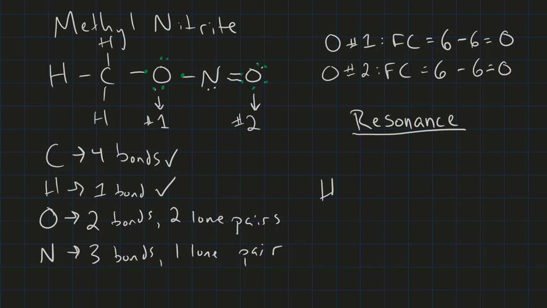So let's talk about this again, and let's show another version of methyl nitrate. Instead of having the double bond here, like we put it, we could put it here. And this nitrogen is still satisfied, right? But what happens now? Oxygen has 3 bonds, and we're still going to put a lone pair in.